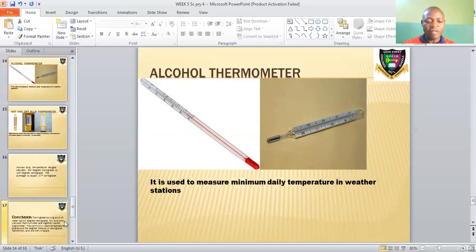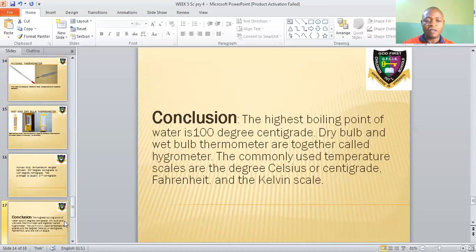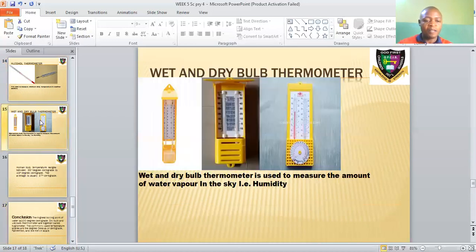Now, let's look at the wet and dry bulb thermometer. It's another type of thermometer. It is used to measure the amount of water vapor in the sky. Now, what do I mean by water vapor in the sky?